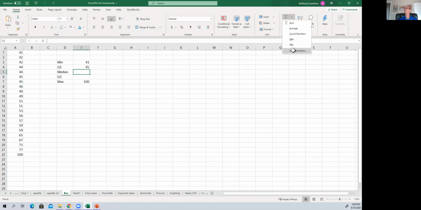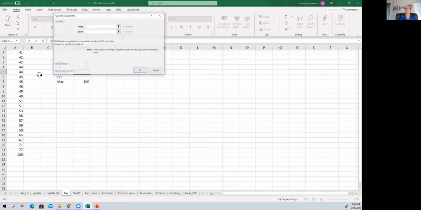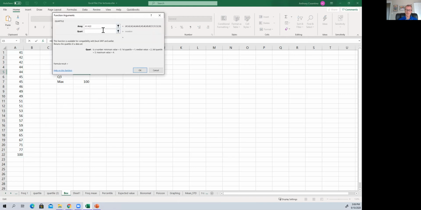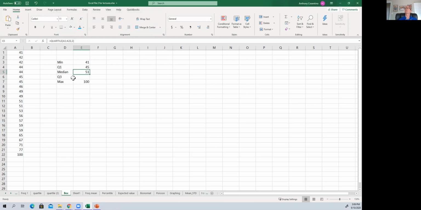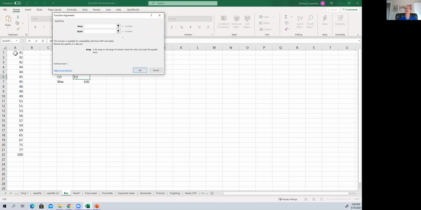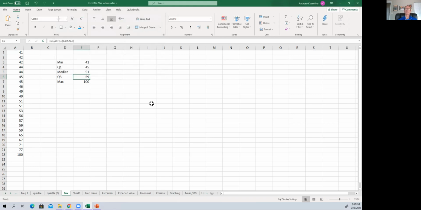So let me pull that one up. Now 2 would be the median, or quartile number 2. I think that should be 51. Yep. And then for quartile number 3, you type in 3 after you highlight the data, and you could see that you get 59.